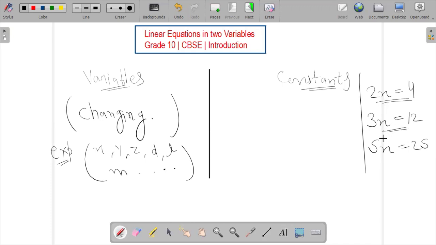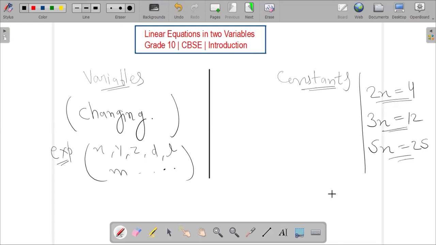In the second one, the value of x will be 4. And in the third one, the value of x will be 5. It means the value of the variable x is not fixed. It is changing. It depends upon the equation you are solving.